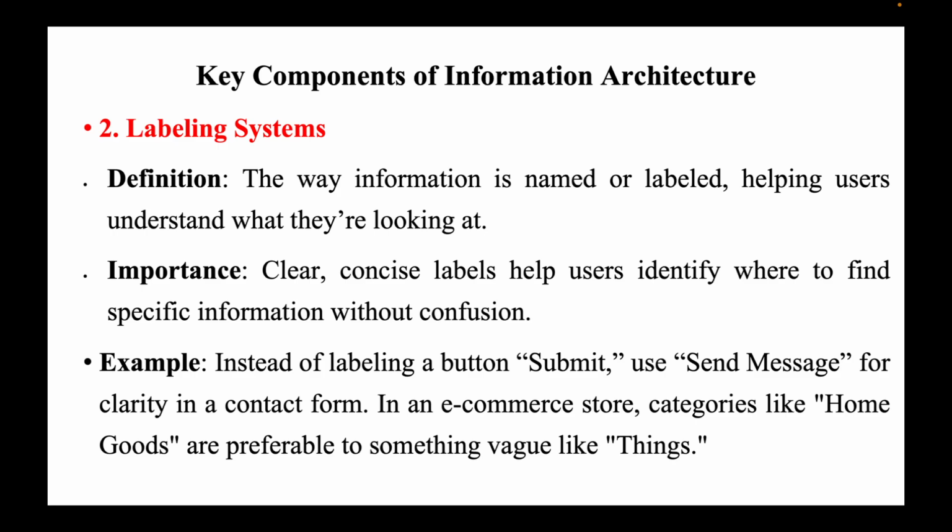Two, labeling systems. The way information is named or labeled, helping users understand what they are looking at. Importance: clear, concise labels help users identify where to find specific information without confusion.